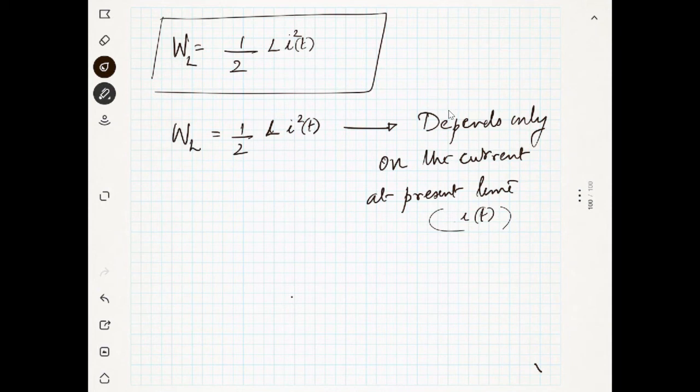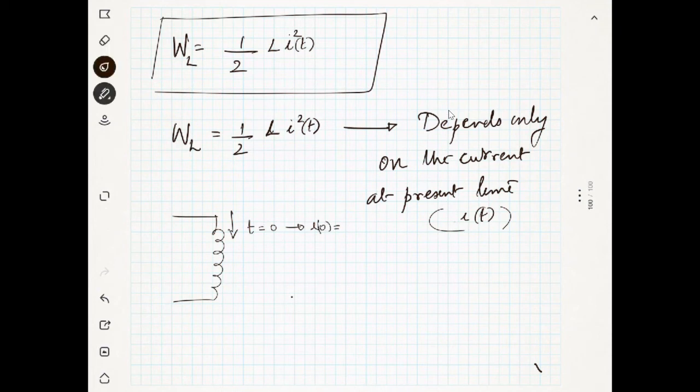If you have an inductor at time t equal to 0, the current was i of 0. This is a very, very important thing. I don't know whether you have understood it.